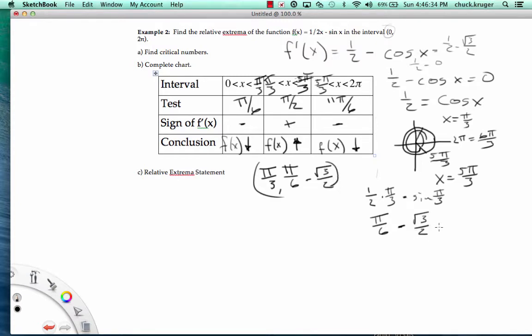And if I put 5 pi over 6, I have 1/2 times 5 pi over 6 minus the sine, I don't mean pi over 6, let me get an eraser for that. I mean 5 pi over 3.